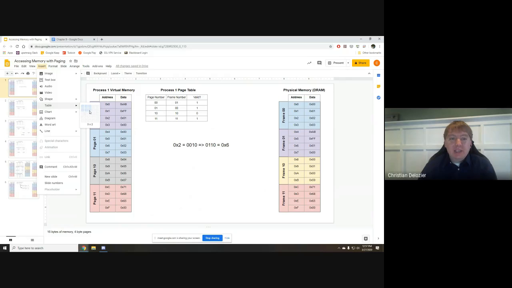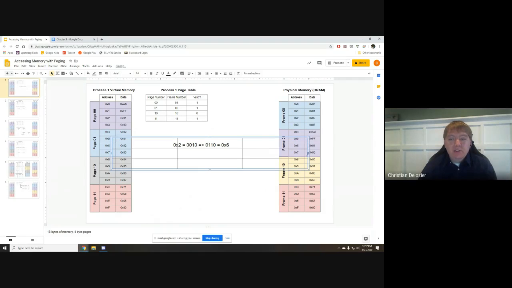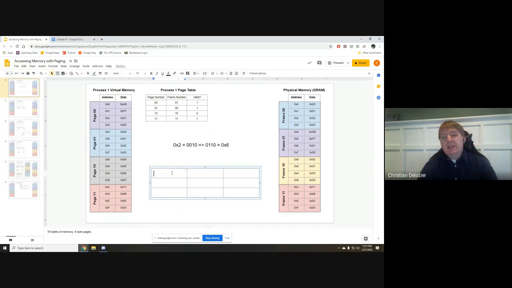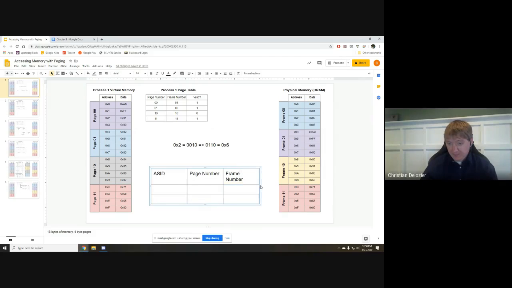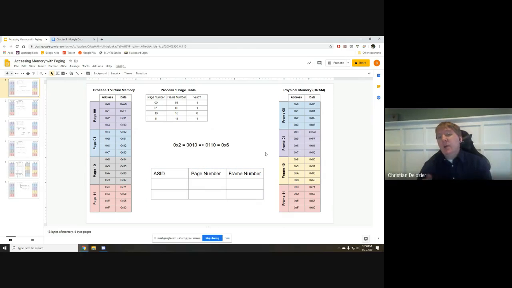And this cache is from pages to frames, and it basically keeps this in hardware. So we have the ASID, that is the address space identifier. We have the page number, and we have the frame number. So the important thing is that this is kept in hardware. So this is a quick translation from page number to frame number.